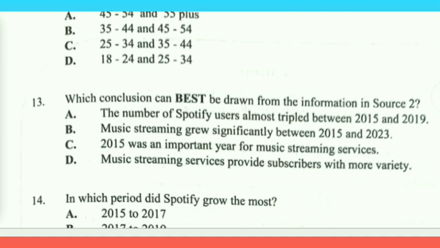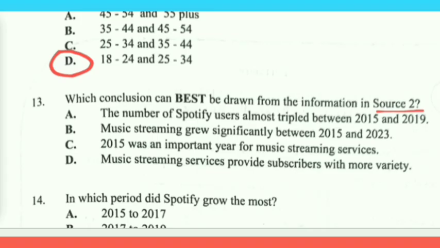Which conclusion can best be drawn from the information in source 2? So we don't need to look at source 1. What's the best conclusion to be drawn from the information in source 2? A says the number of Spotify users almost tripled between 2015 and 2019. B says music streaming grew significantly between 2015 and 2023.